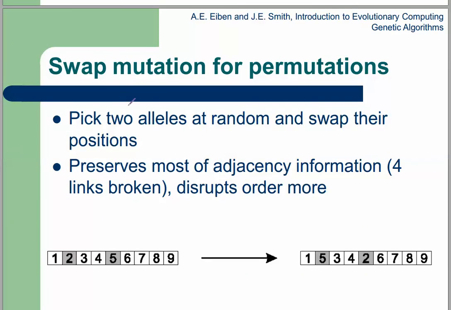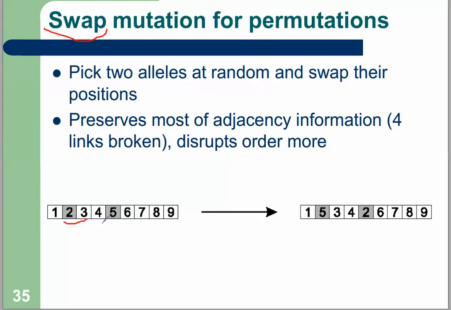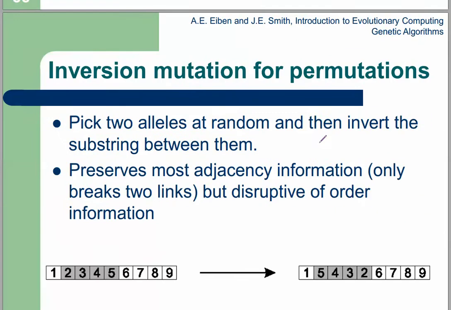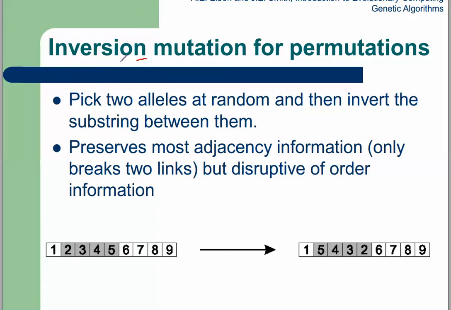The second one is swap mutation. In this version, we select 2 genes randomly and swap their locations. We change the location of the first and second. This version preserves the adjacency, but it disrupts some order. The third version is inversion mutation.